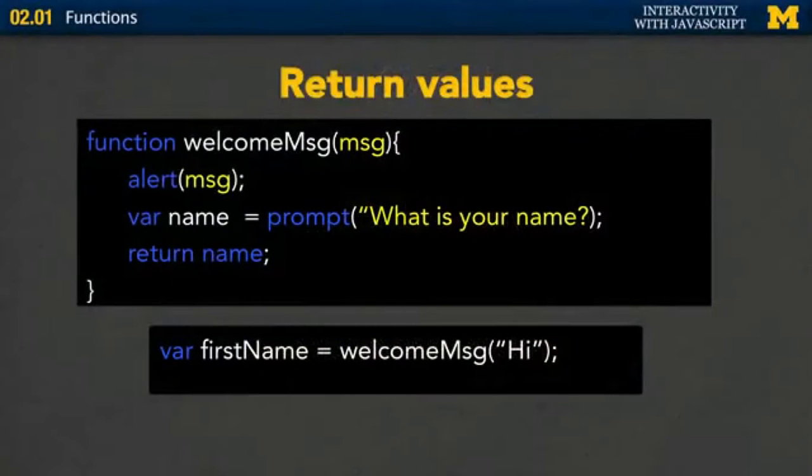So let's look at an example of a function that returns a value. In this case, I've written a simple function that takes your message that you want to say hello or good afternoon, good morning, but we're going to follow that up with a prompt, and that prompt's going to ask the person for their name. So we're combining a few different elements here. We start off by saying, hey, I'm going to make a variable called first name, and I want to set it to whatever the person types into the prompt.